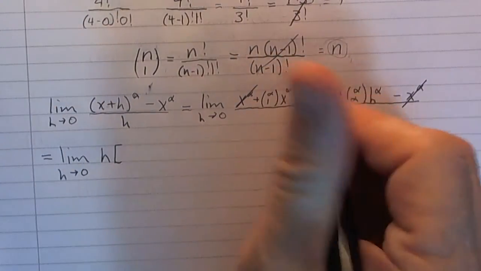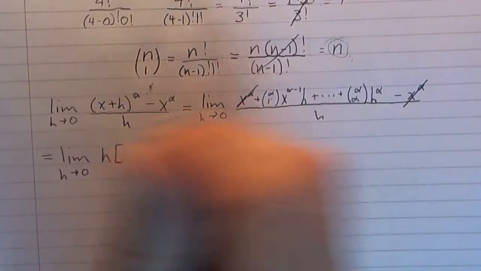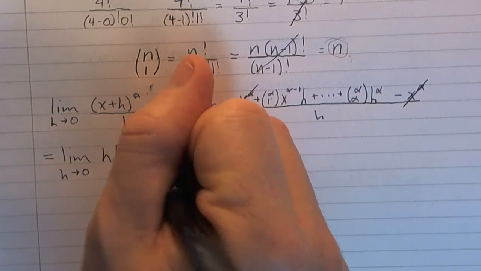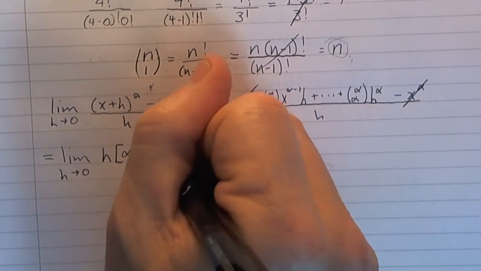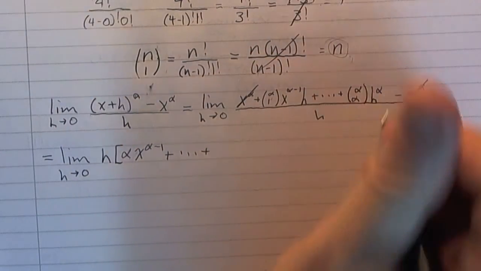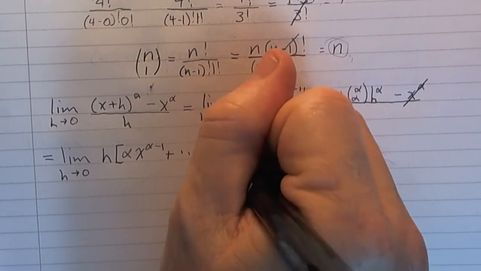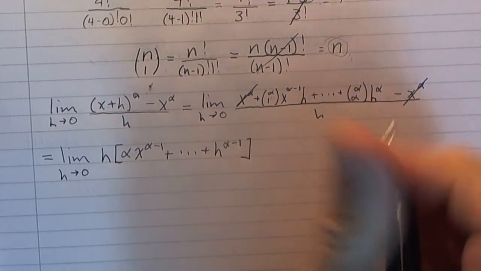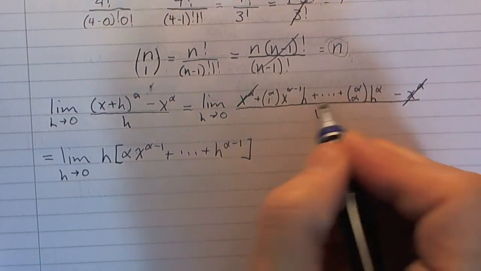Here we have, this remember is alpha, x to the alpha minus 1, and then plus all the way out here to h to the alpha minus 1. See, I just factored out an h from all of these.